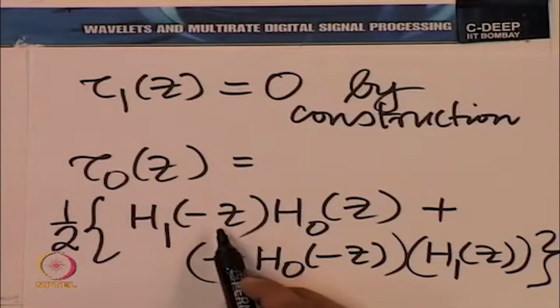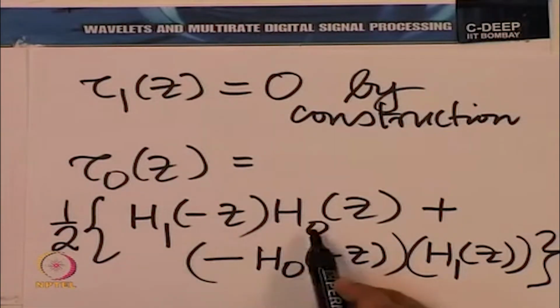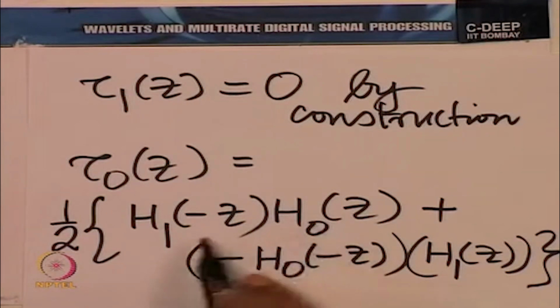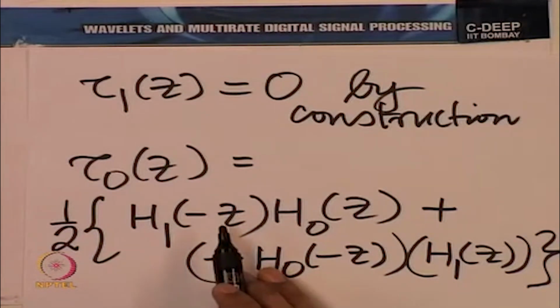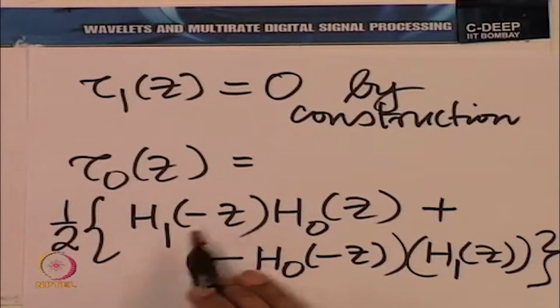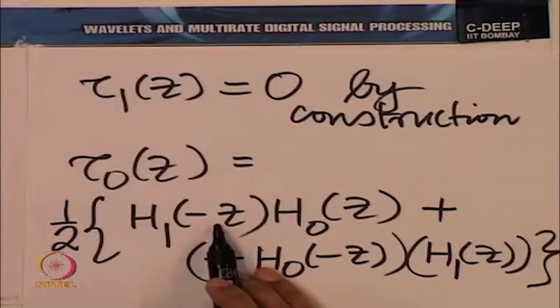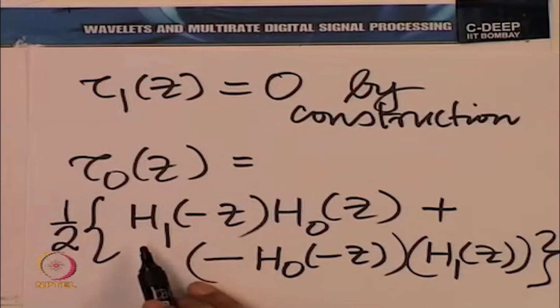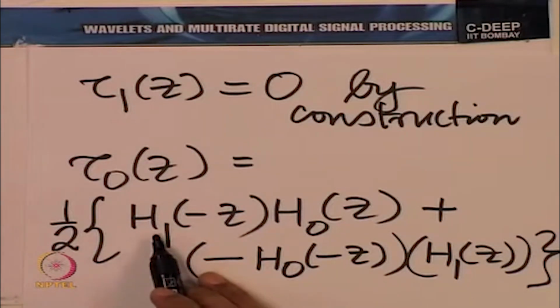So, we have an interesting situation here. We have this H 0 z H 1 minus z product. H 1 z is essentially a high pass filter. H 1 minus z therefore, essentially becomes or aspires to become a low pass filter with a cutoff of pi by 2.